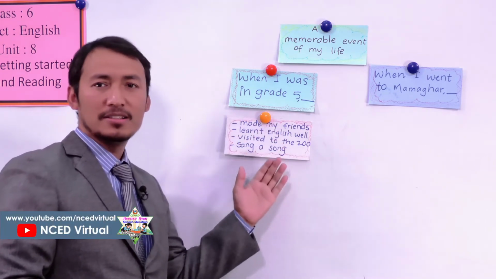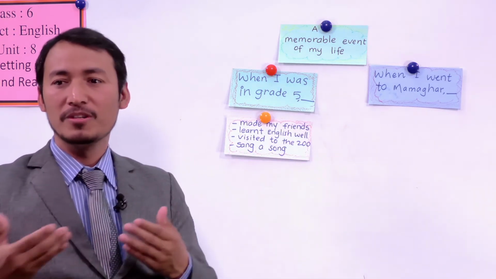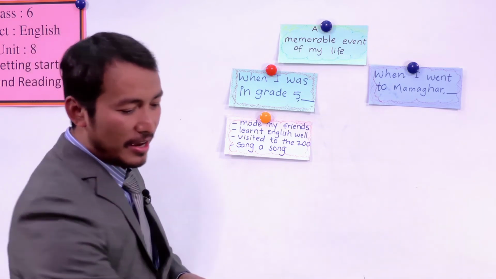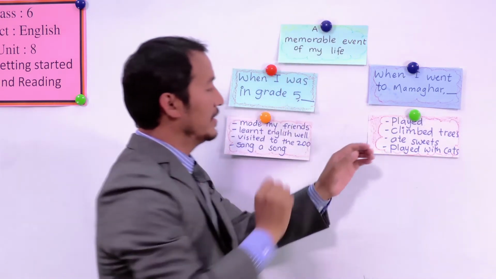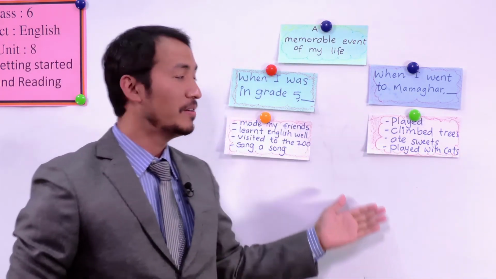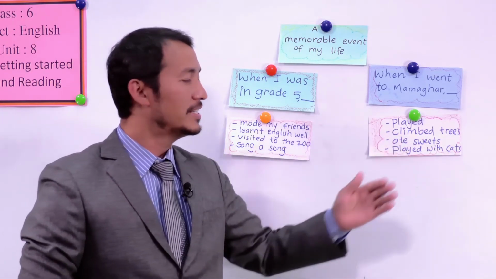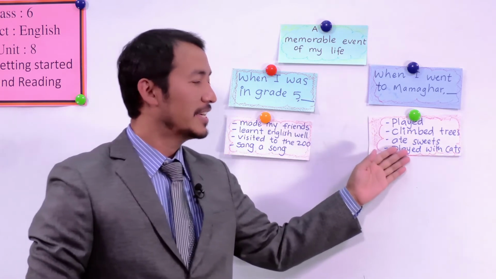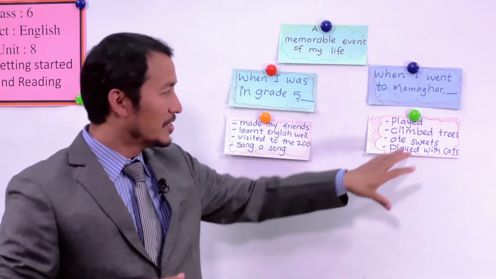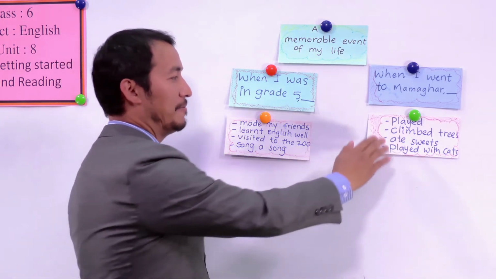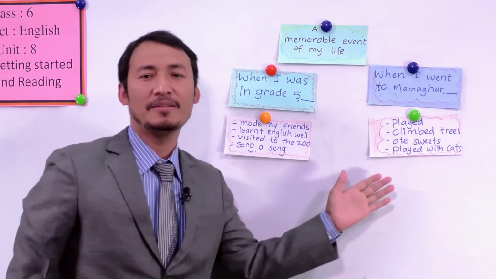So these words make your events or your stories in past tense. Another, when you were in Mama Ghar, you can talk about what you played in your Mama Ghar, and you might have climbed trees, ate a lot of sweets, and played with cats or dogs or animals around your Mama Ghar, right, students? So you can use the verbs like played, climbed, ate. Look at these verbs. These are also the past verbs.